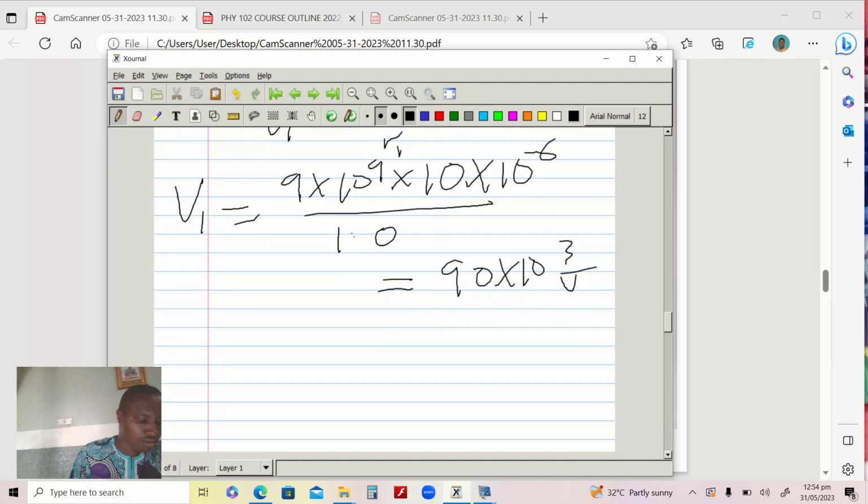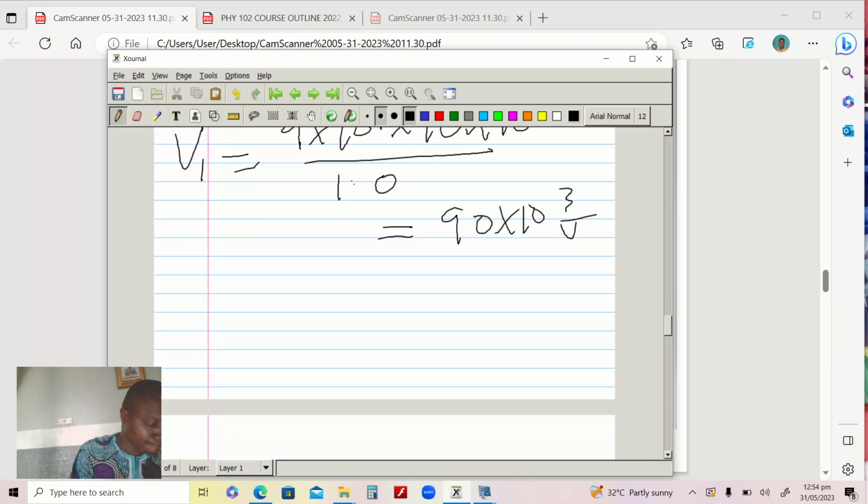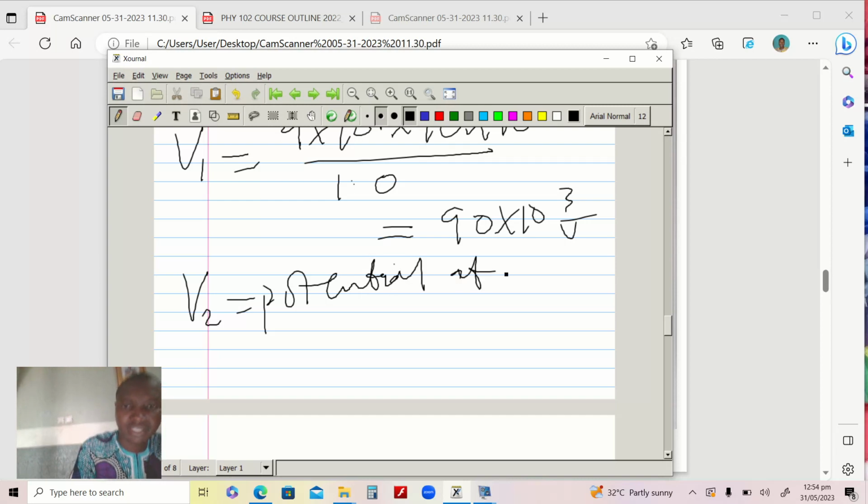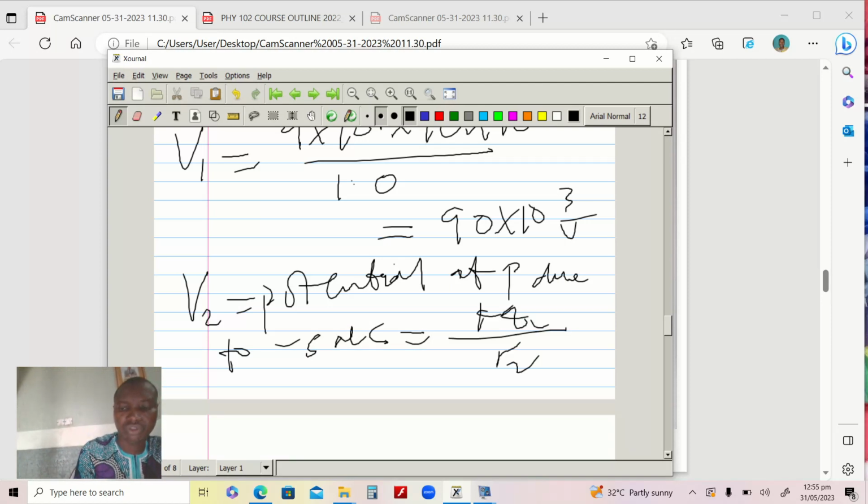Then we also do the potential at P due to the second charge, minus 5 microcoulombs. Let's call that V2, which is equal to K Q2 divided by R2.